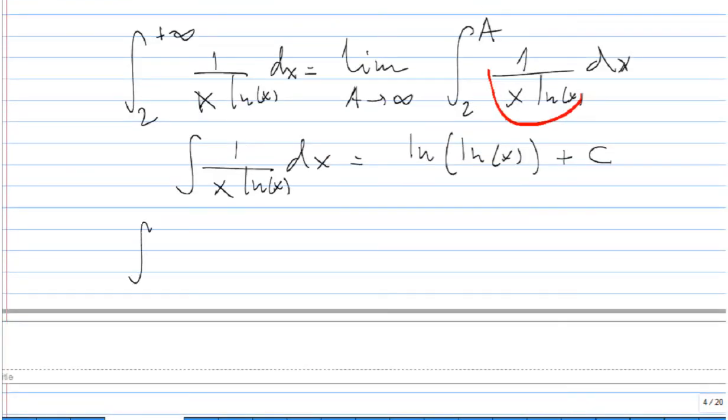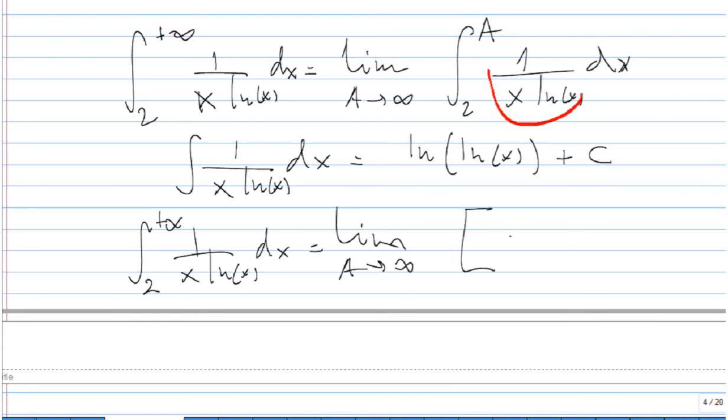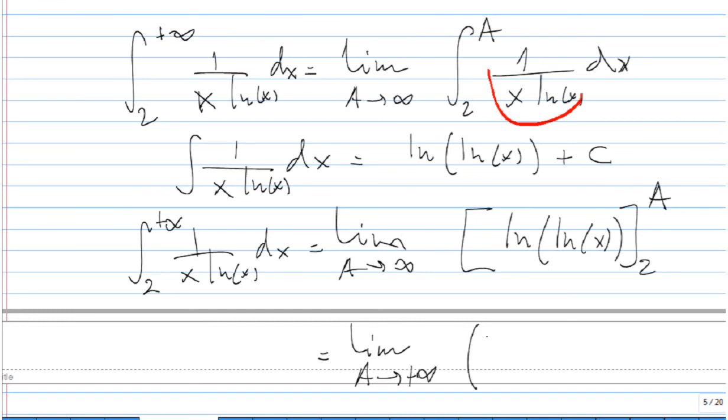Therefore, the integral from 2 to plus infinity of 1 over x ln x dx is the limit when a goes to infinity of ln of ln x between 2 and a, which gives me the limit when a goes to plus infinity of ln ln a minus ln ln 2.